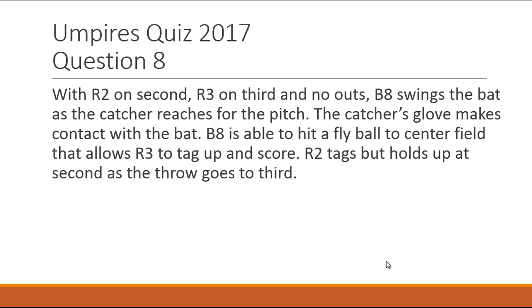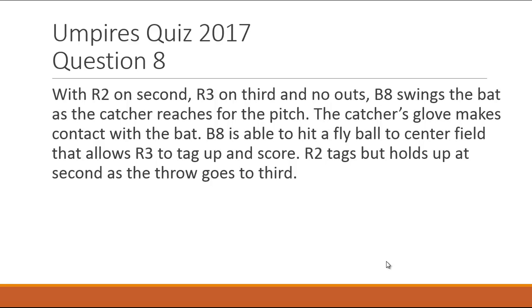Number 8, runner on second base, runner on third base. No outs. So we don't have a force situation. The batter swings, and as the catcher reaches for the pitch, the catcher's glove makes contact with the bat. However, the batter is strong enough to hit a fly ball to center field that allows the runner to tag up and score. The runner on second tags, but holds up at second as the throw goes to third.